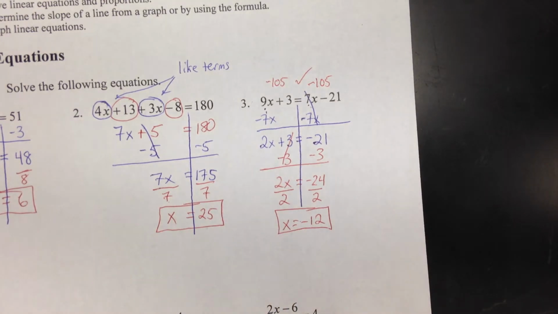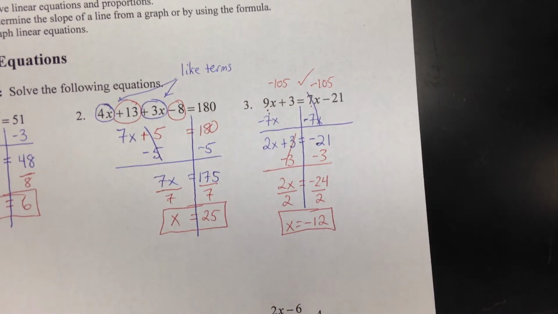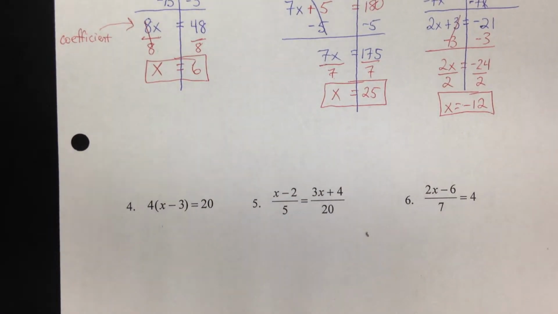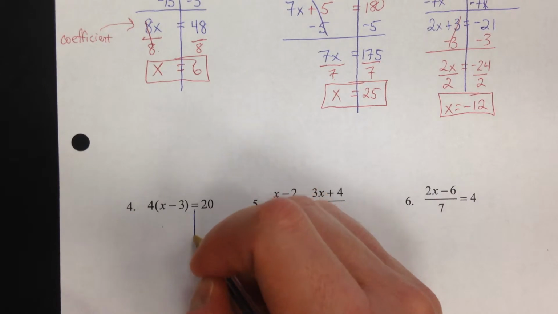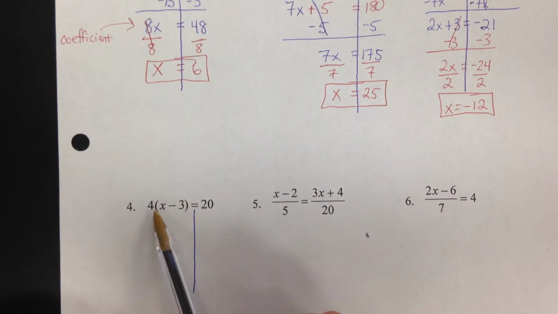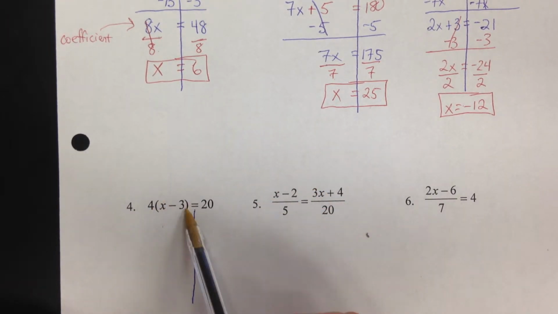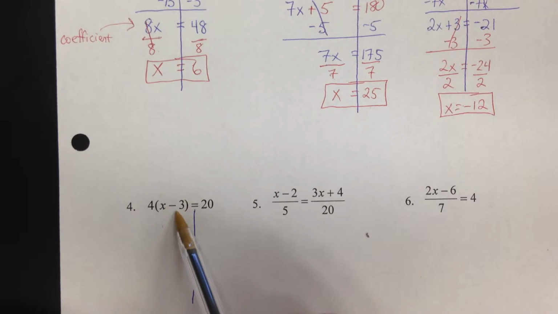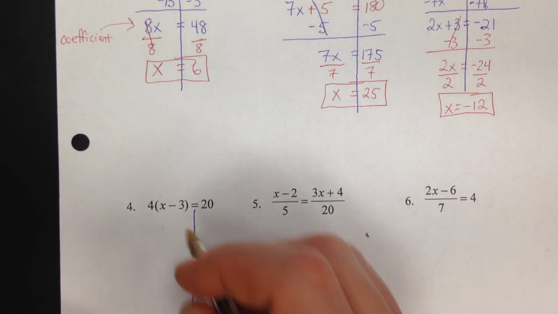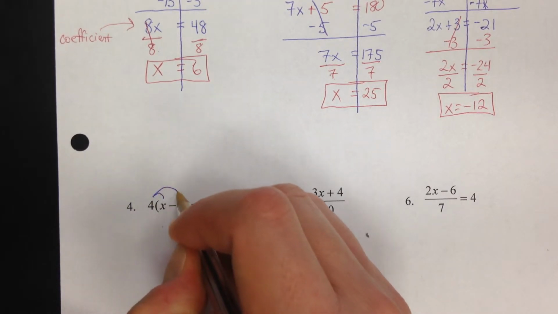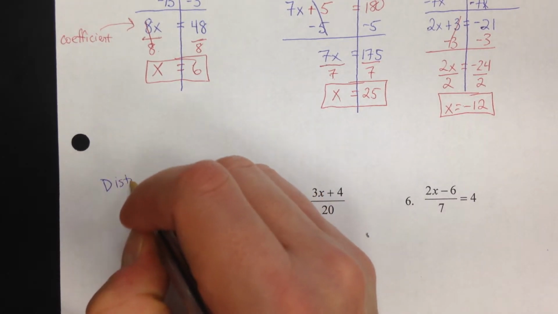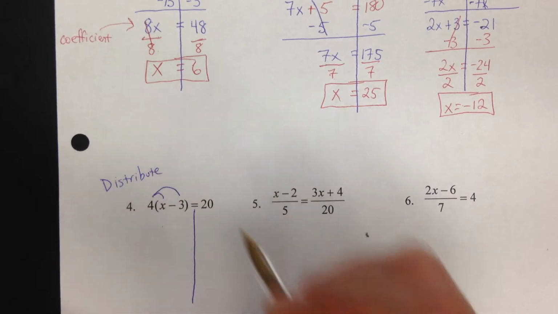X equals negative 12. All right, so that's 1, 2, 3. Let's take a look at number 4. Notice that you have a number outside these parentheses here. What that means is 4 times this whole thing, x minus 3. So the first thing we're going to do is distribute the 4, which just means you multiply it.